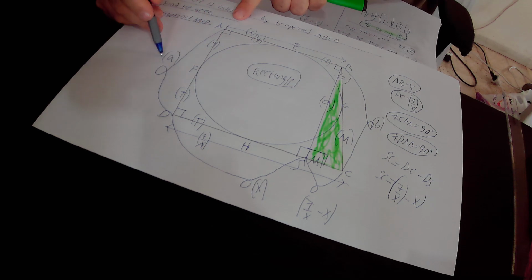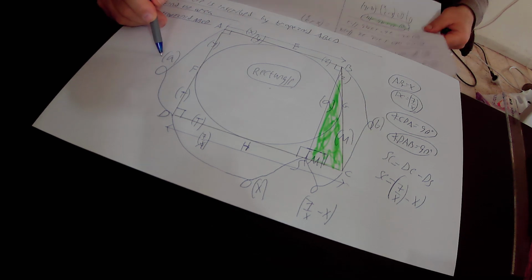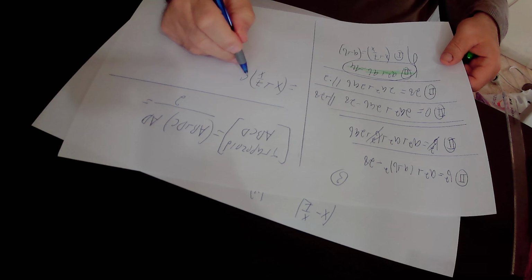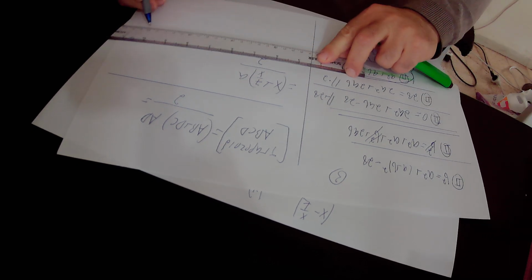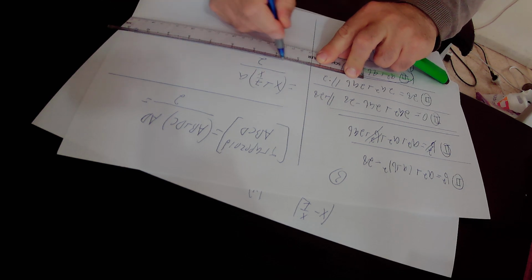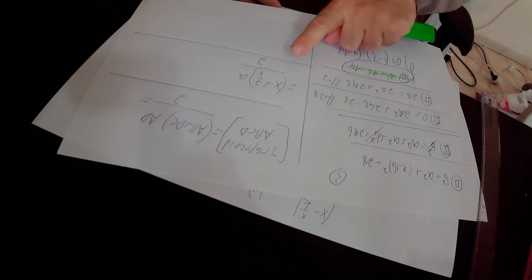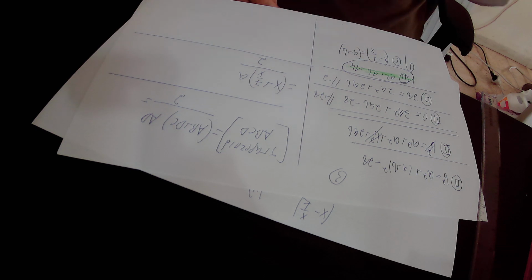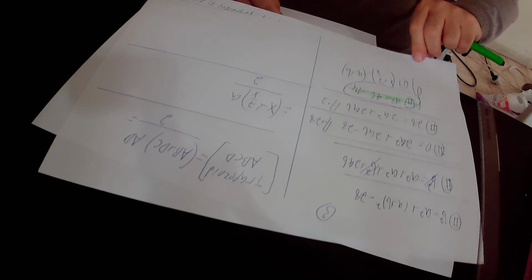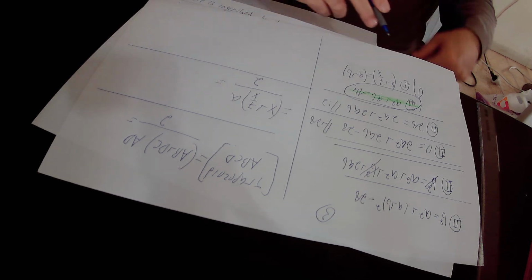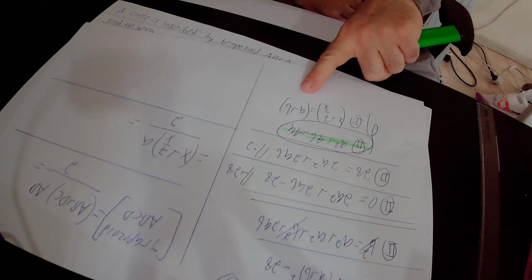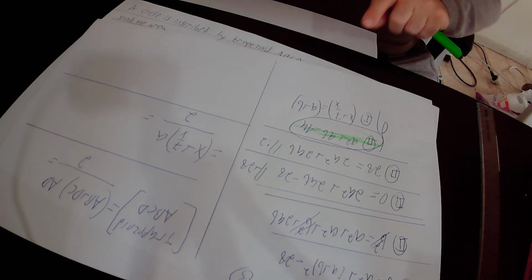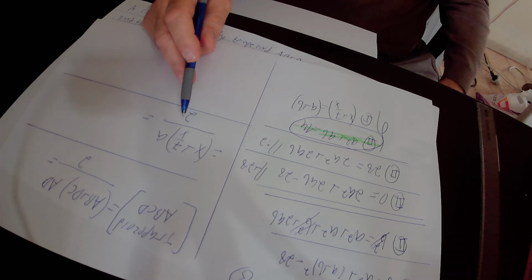AD equals a according to our definition, divided by 2. So actually we found out that the area of trapezoid ABCD equals x plus 7 over x times a over 2. But we have already found out that x plus 7 over x according to equation 1 equals a plus b.